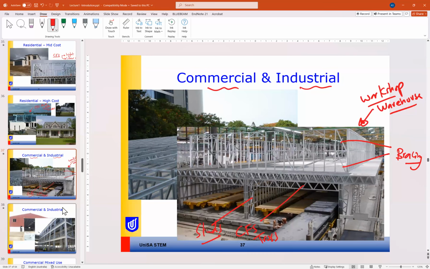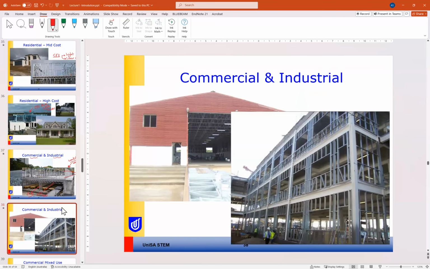Okay, so this is another example of a commercial and industrial building as well. So this is also a warehouse, for example.